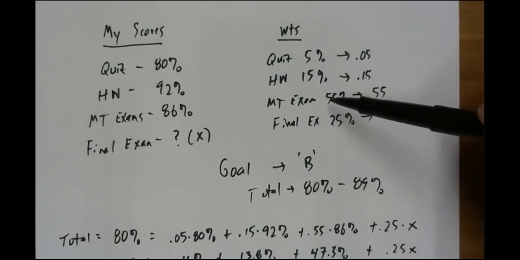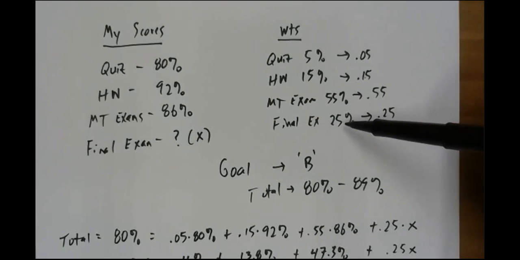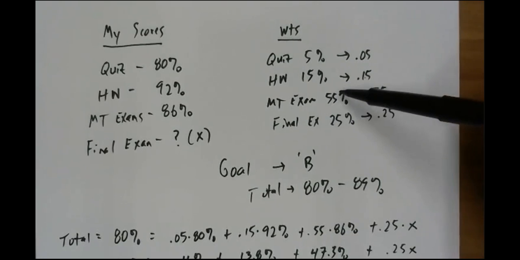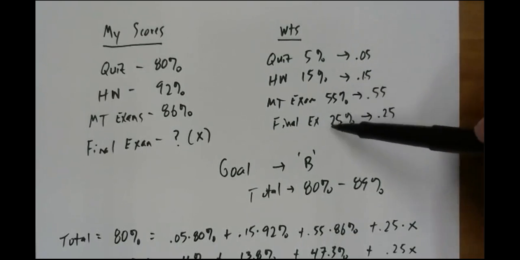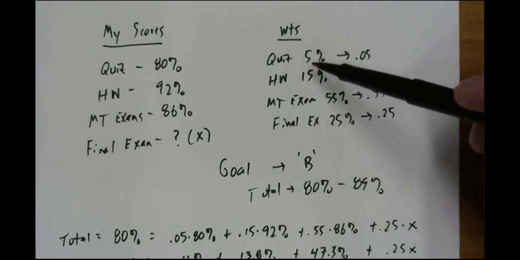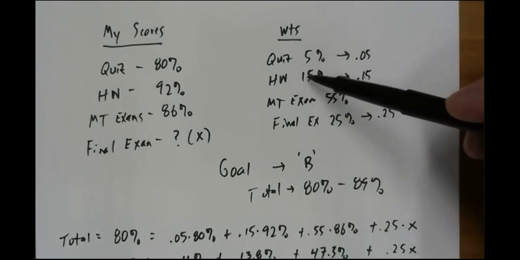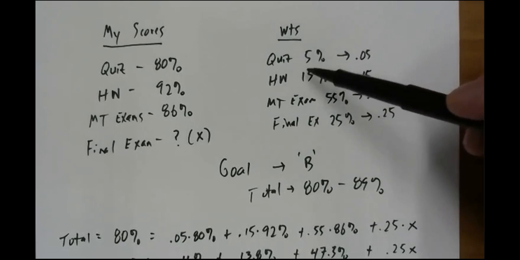If you add these up, 55 plus 25, that's 80%. 80% of your class grade is going to be determined by midterm and final exams. And 20% quiz or homework. So quiz and homework can help, and you want to get as high a score as you can because that's going to help you.